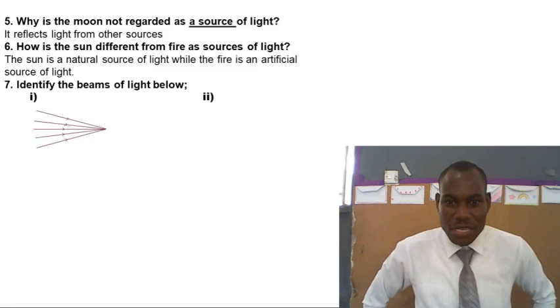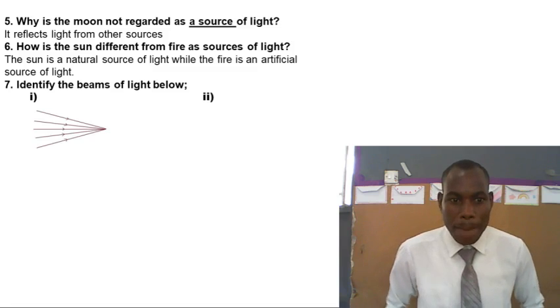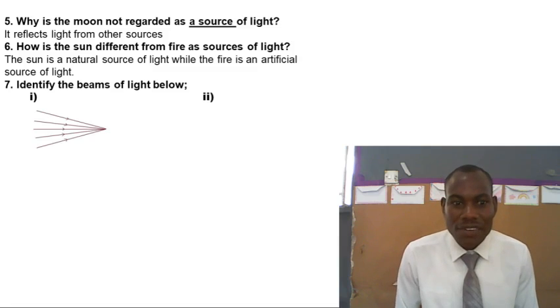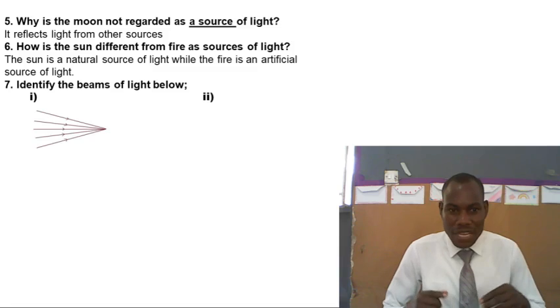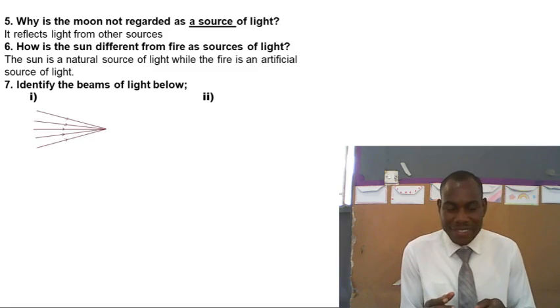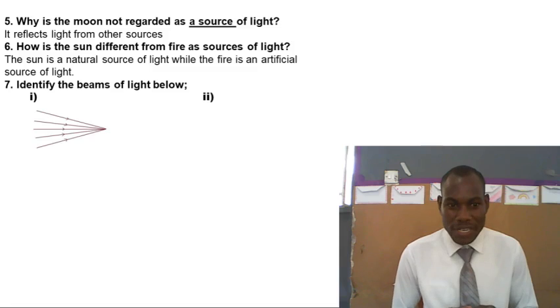The first one is showing a beam of light where light rays come from different sources or from different directions, but they meet or they converge at one point. What do we call that beam of light?